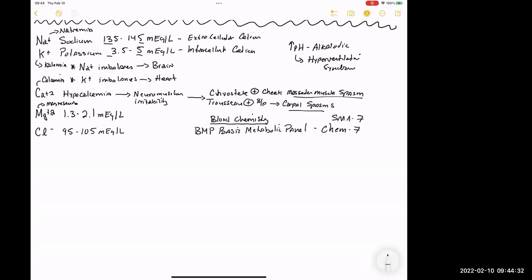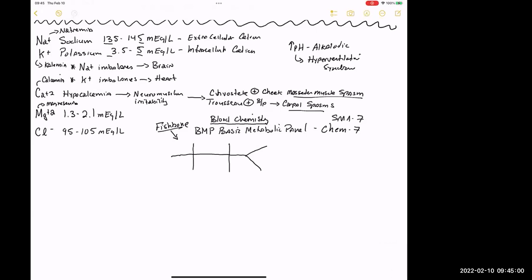And sometimes when it is documented in a shorthand form, this is sometimes referred to as a fishbone chart. So if you see a little diagram like this in the patient's chart, this is a fishbone diagram. And so this is actually the basic metabolic panel.